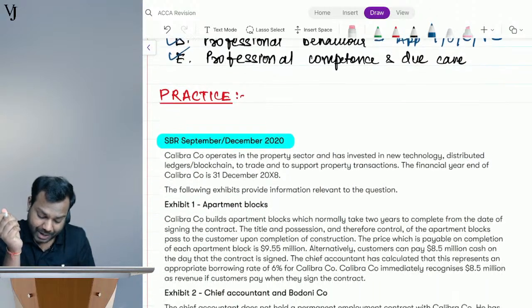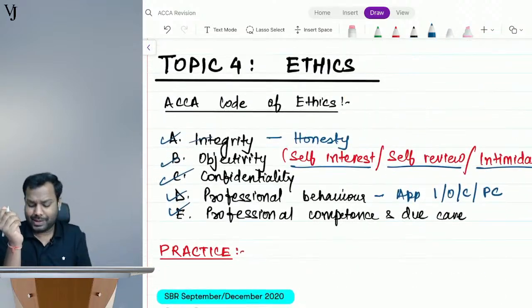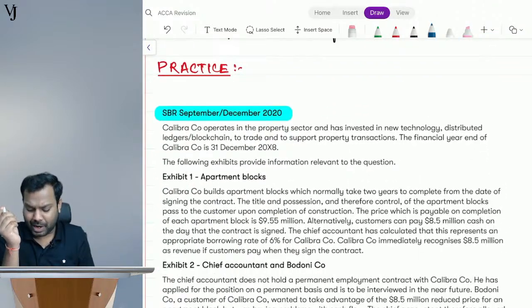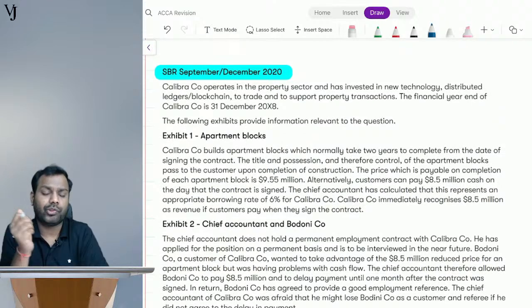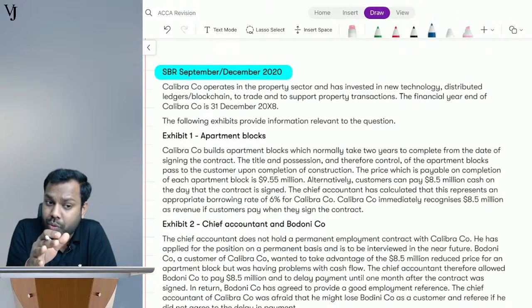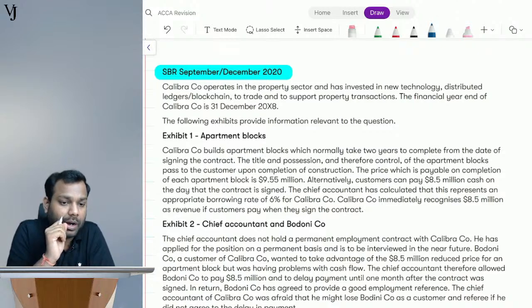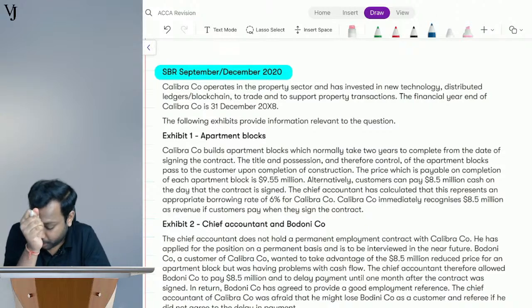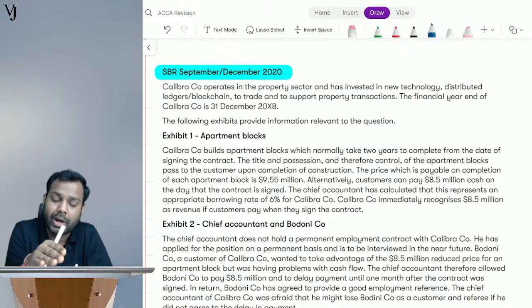Now understand, before we start practicing a question, understand that when a question on an ethical issue comes up in the exam, before it is an ethical issue, it's an accounting issue. A doer and checker is the accountant himself. Yes, Aditya. You are yourself reviewing the work that you have done, so that is a self-review threat.